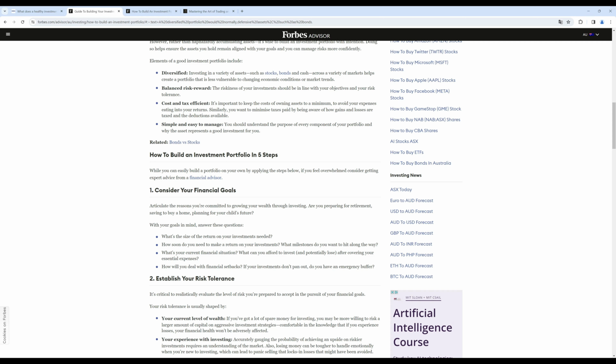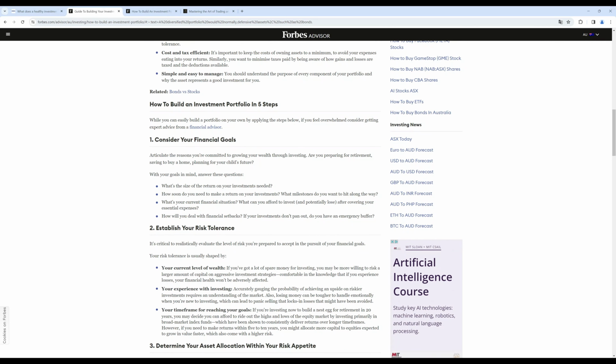Or you can allocate assets within your risk tolerance by creating a balanced mix of asset classes like stocks, bonds, and cash, aligned with your risk comfort so you don't have to worry about losing too much of your investments. If one investment went lower and your bonds went higher, you're pretty much leveled out. You're not losing so much.